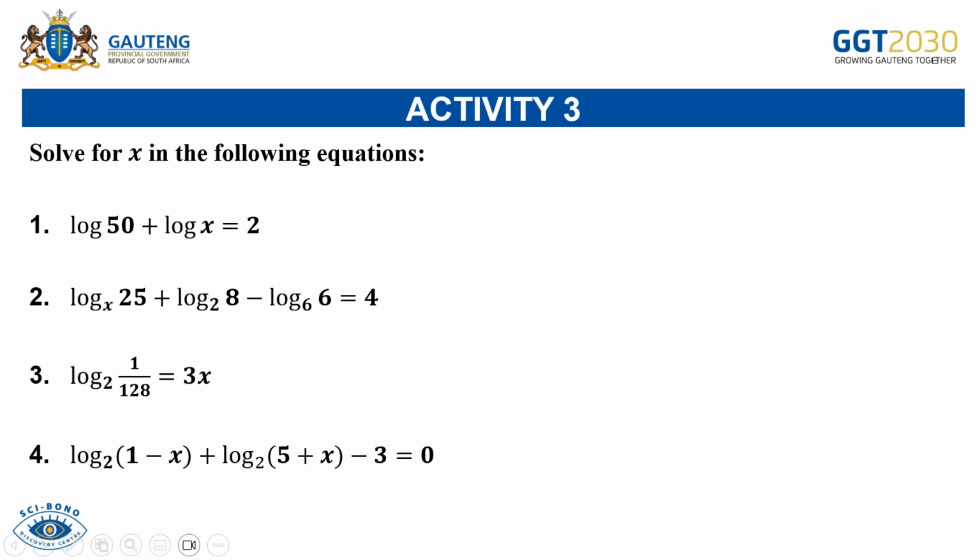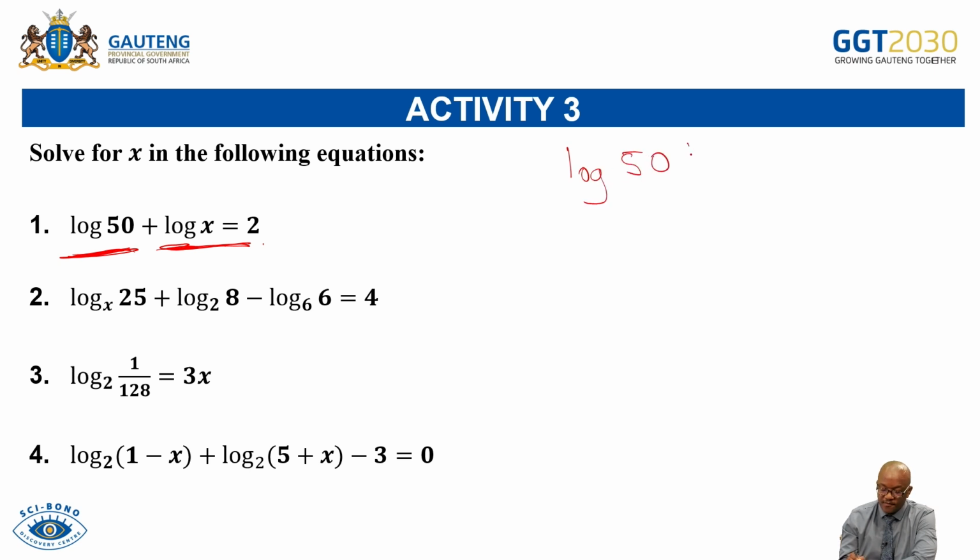To the next one, here in activity 3, we can see that we now have 2 logarithms, correct? And then we are equating them to a certain number. Now it's an equation. Remember, we used to have them like log of maybe 50 plus log of, for instance, x without an equal sign. So now we are equating them to a certain number.